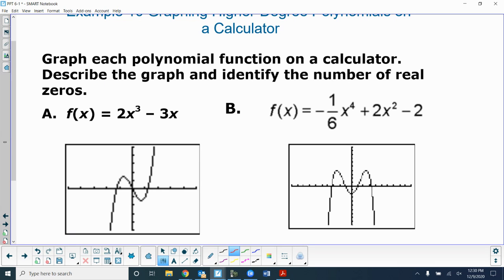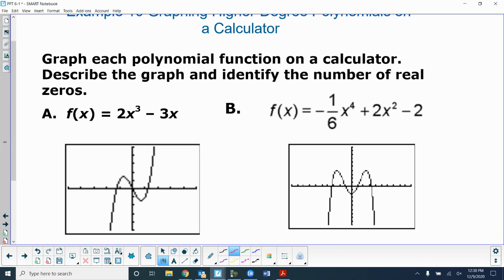Okay, what's the degree of the first polynomial we put in? 3. What's the degree of the second one we put in? 4, right? How many times did the first one cross the x-axis? 3.